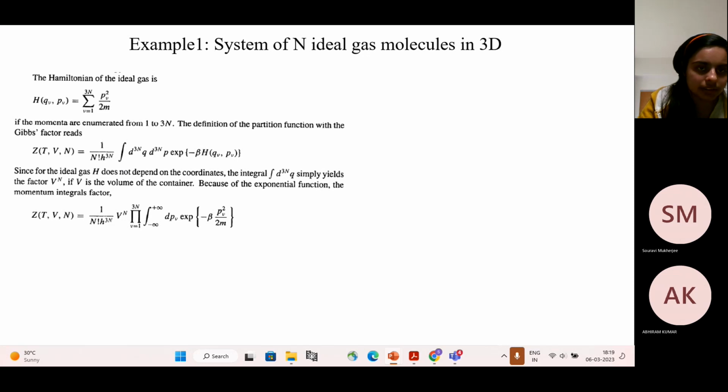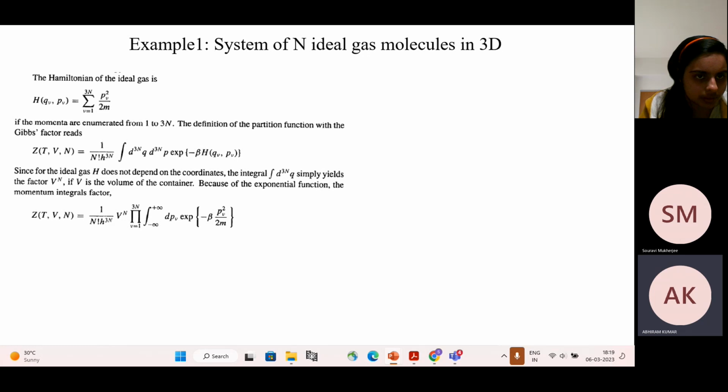And then we know from quantum mechanics, the Heisenberg uncertainty, that del P del Q is greater than or equal to h. For a particular coordinate, position and momentum uncertainty will be del P del Q greater than or equal to h.